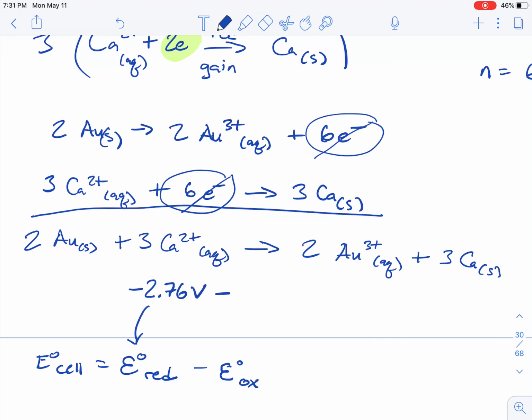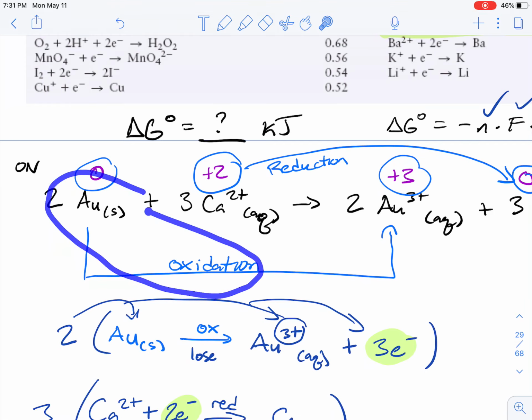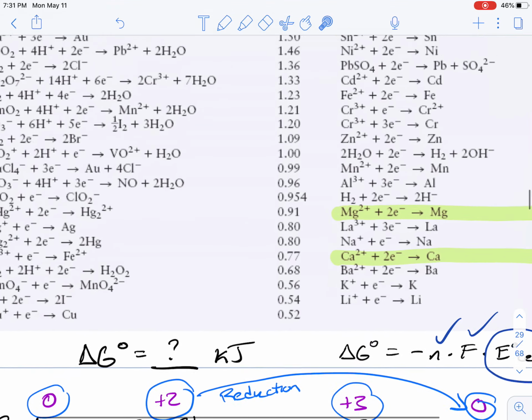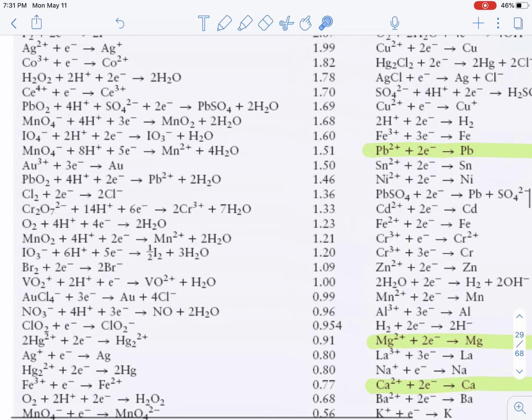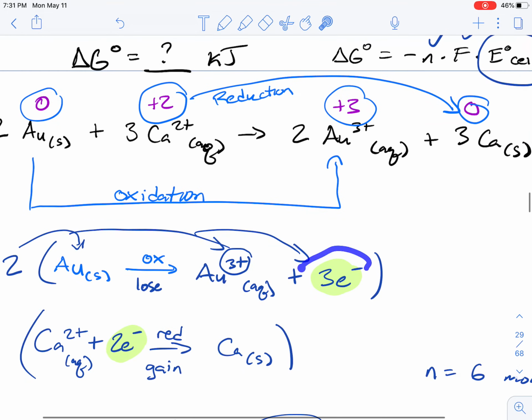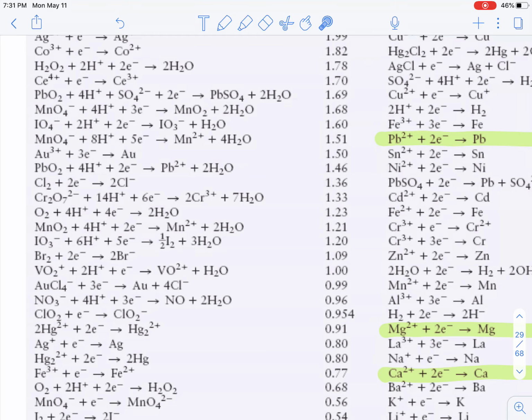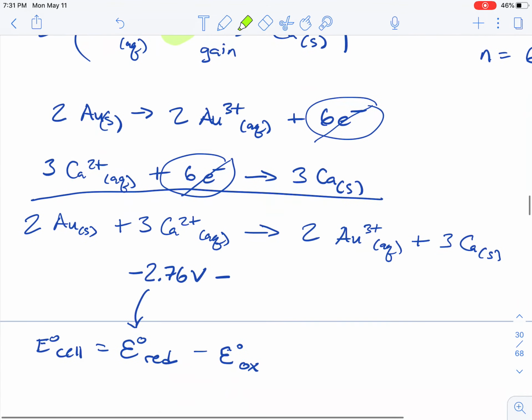minus oxidation. Notice that gold is undergoing oxidation, so we just need to find where gold is, and specifically gold that's transferring 3 electrons. That value is right here, 1.50. It's going to be positive 1.50 volts.